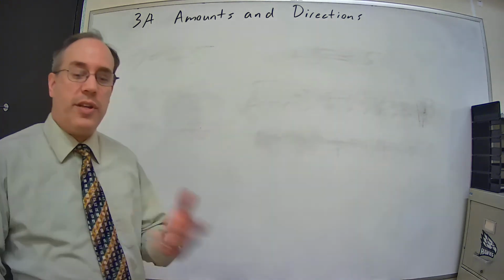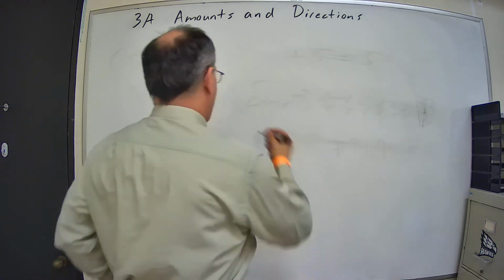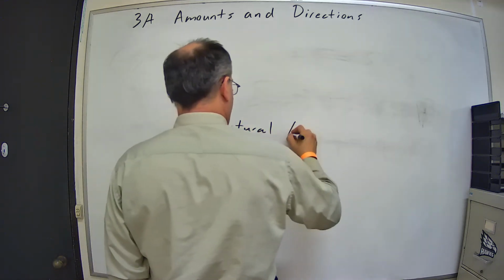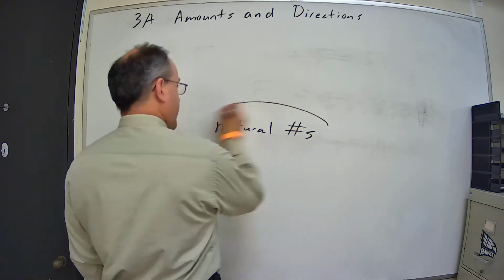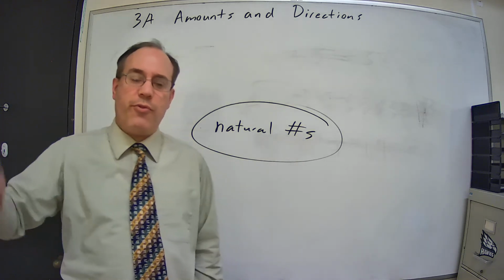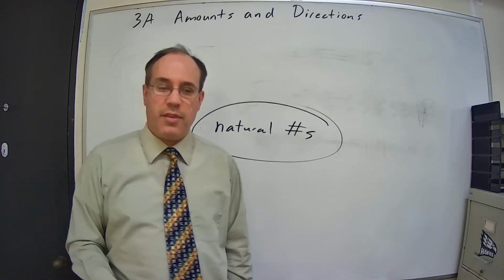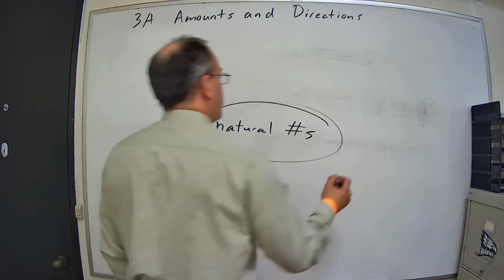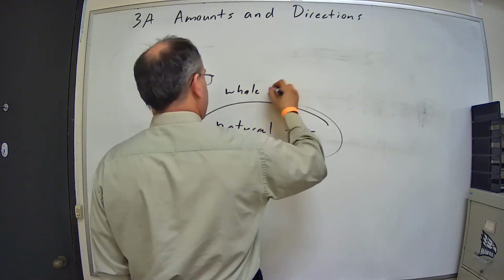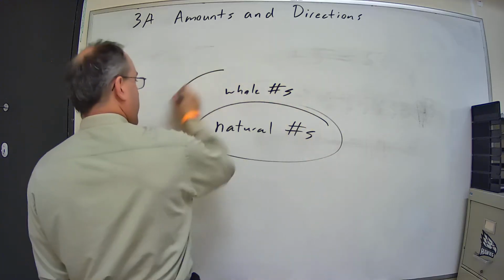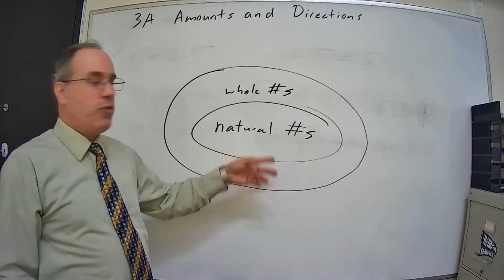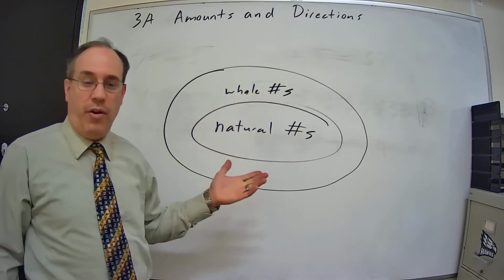If I were trying to relate these, my smallest grouping would be natural numbers. Natural numbers, you remember that was 1, 2, 3, 4, 5, our counting numbers. Well, if we add a 0 into that, then we get the whole numbers. Whole numbers are the natural numbers with the addition of 0.